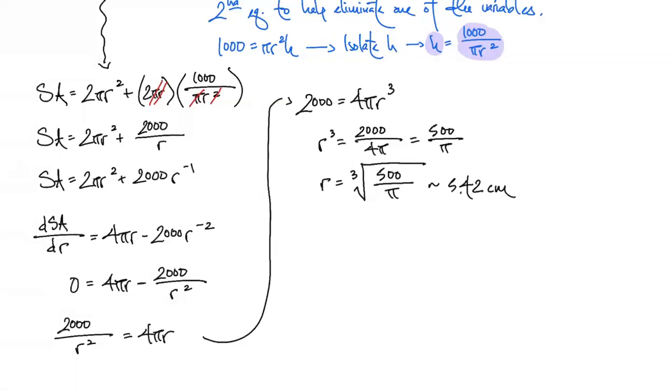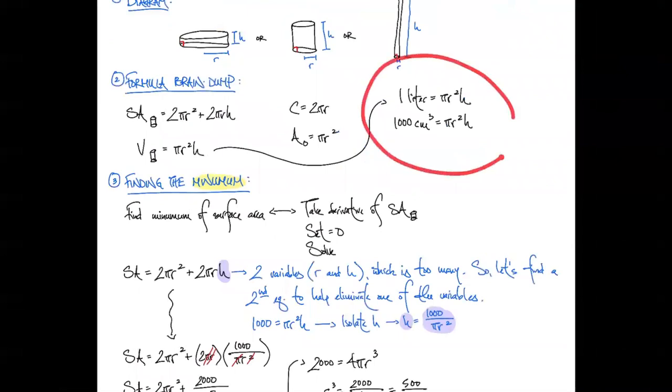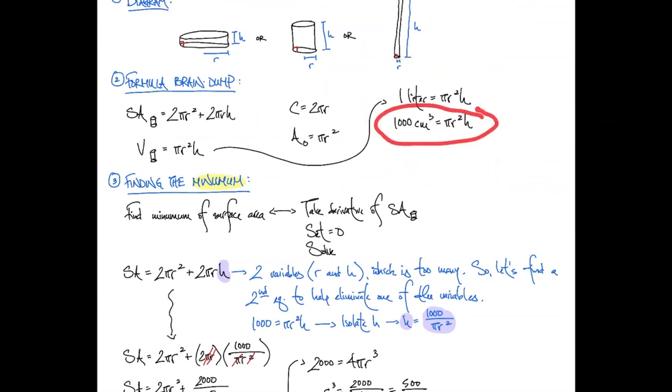Let me just pause here for a moment. How are we feeling about the algebra to get to our answer for r? Where do we get the 1,000 from? From our 1 liter. But if we're measuring liters, what do we measure r and h in? It's not really clear. So that's why we use the centimeters cubed version, so that we can measure our r in centimeters and our height in centimeters.